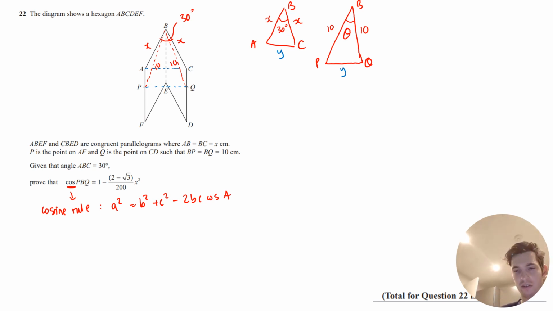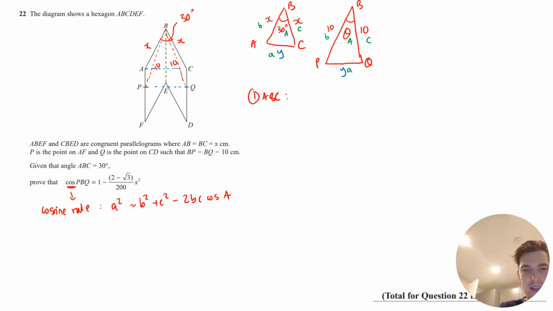So let's use the cosine rule on triangle ABC. So what have I got? Let's just mark on these side lengths. So small a is the side that's opposite the big angle A. I do the same thing while I'm at it with triangle PBQ, so big A, small a opposite B and C. Okay, so let's do the cosine rule on ABC.